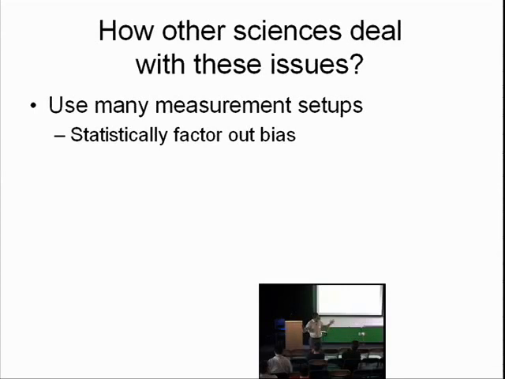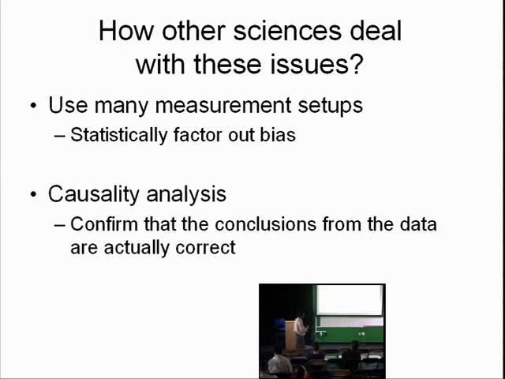And then they use statistical techniques, such as the t-tests, to derive conclusions from the many different measurement setups. And the hope, again, is that by using a diverse enough set of measurement setups, your bias will cancel itself out. The second thing that they do is causality analysis.